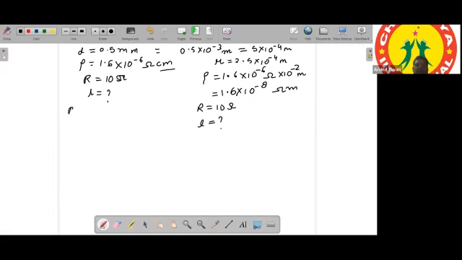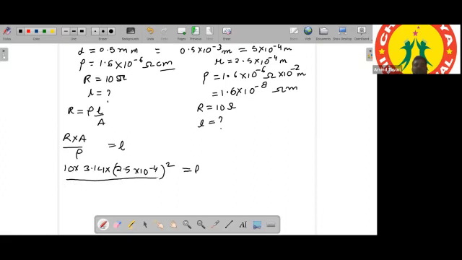Okay, so you have to find out R equals rho L by A. R is given, and R times A divided by rho will be equal to the length. R we know as 10, so 10 times area. Area will be pi r square, 3.14 times r square, which is 2.5 into 10 to the power minus 4 whole square, equals L divided by resistivity, and resistivity is 1.6 into 10 to the power minus 8.